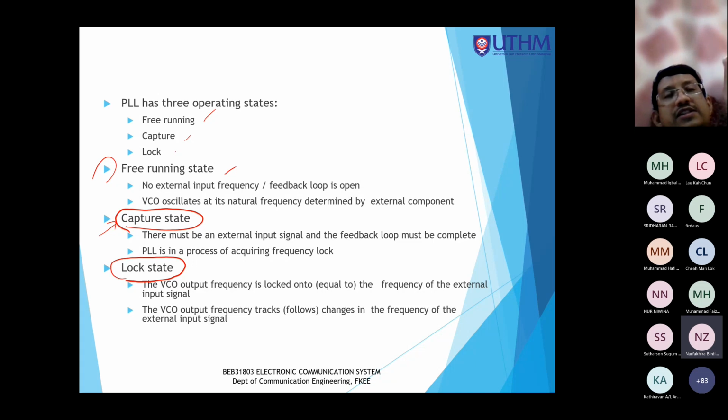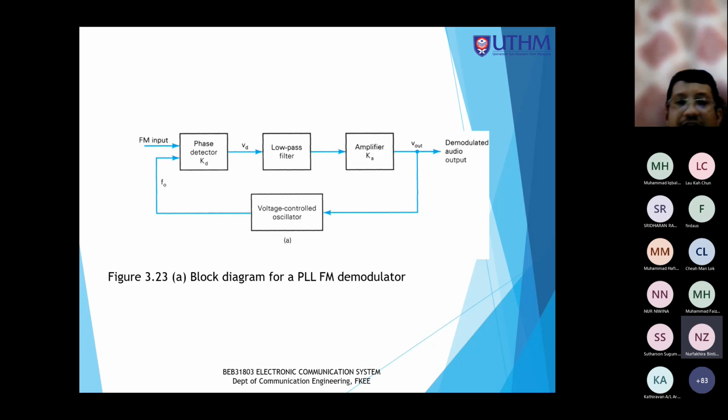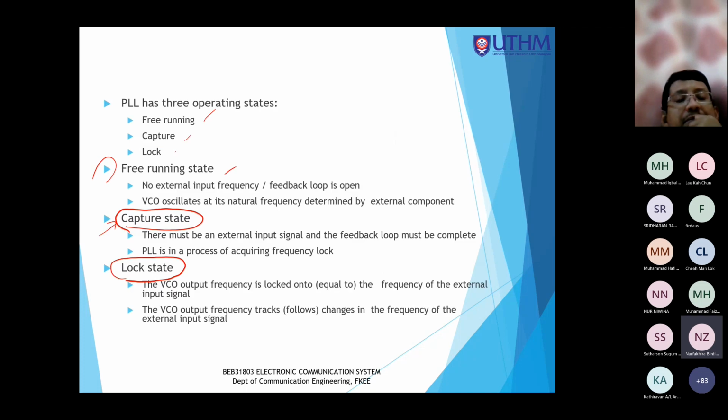A lock state means that the PLL will lock at that frequency, and whenever it locks, it will follow the variations of the input and produce the output.